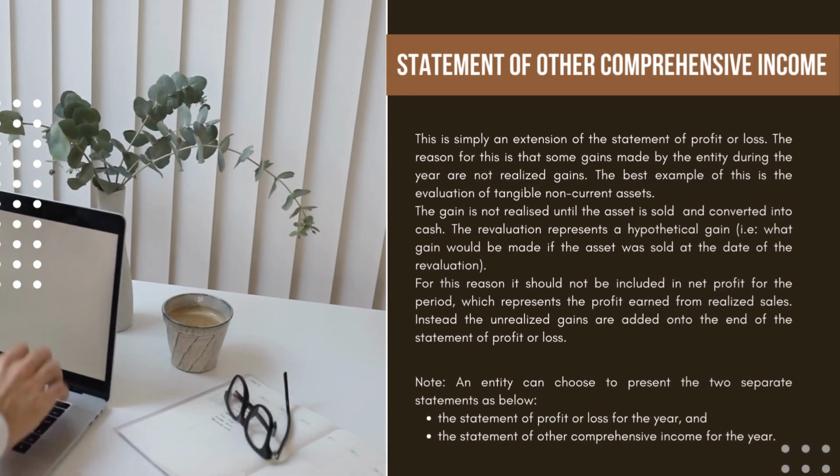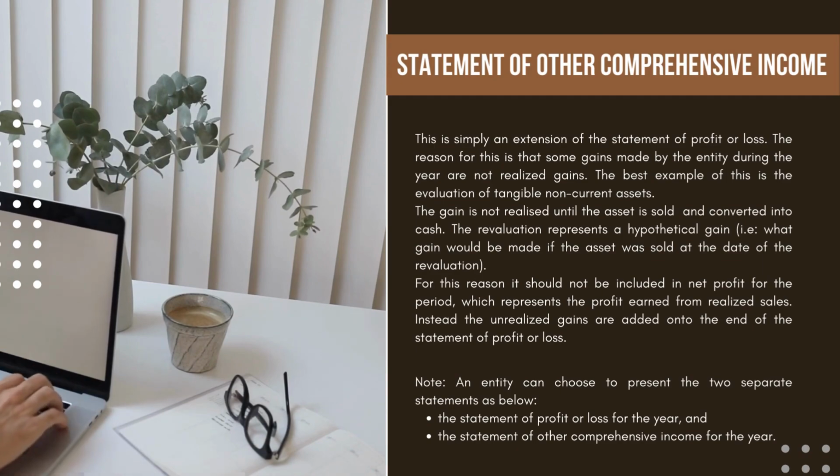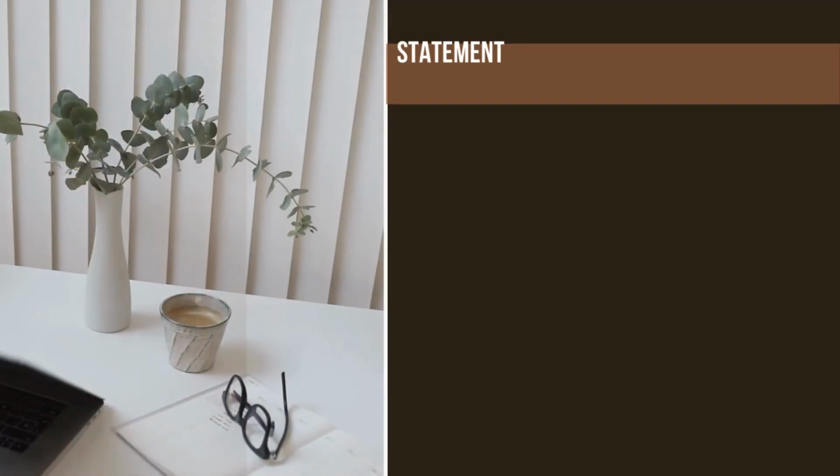For the statement of other comprehensive income, this is simply an extension of the statement of profit or loss. The reason for this is that some gains made by the entity during the year are not realized gains. The best example of this is the revaluation of tangible non-current assets. The gain is not realized until the asset is sold and converted into cash.